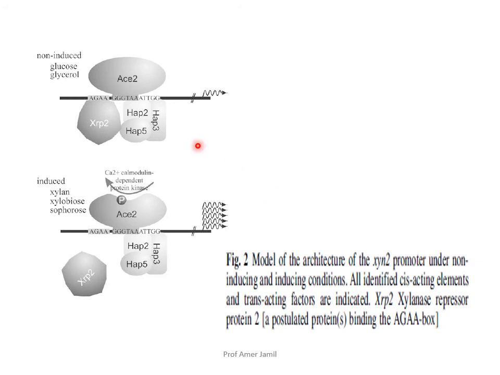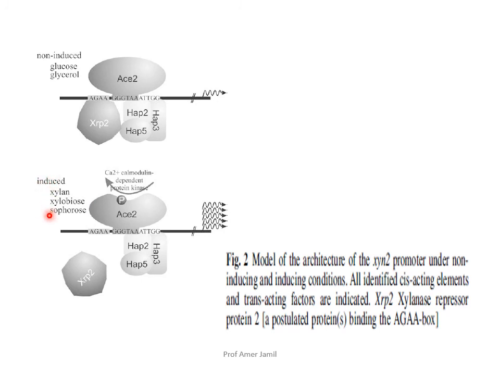And for XYN2, again, you can see in the non-induced form, when there is enough glucose, and experimentally people have done this in the presence of glycerol, the ACE2 activator protein binds at this place. Other proteins are also there. This acts as a repressor of the system, and it can only be activated when there is phosphorylation of this ACE2 by some other protein, and this is done in the presence of xylan, xylobiose, or even sophorose.